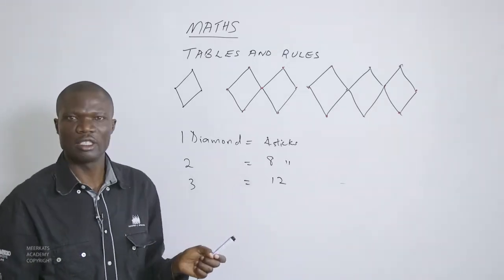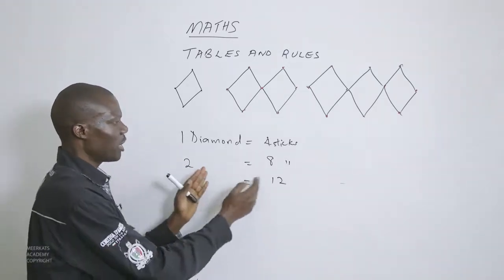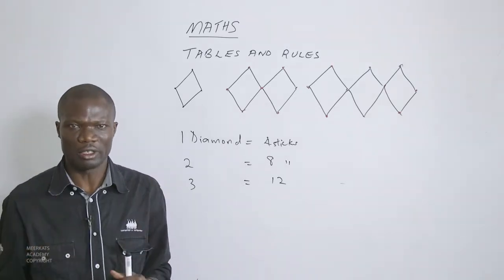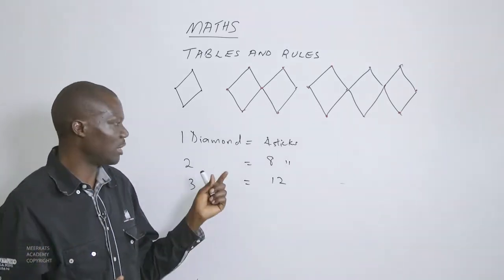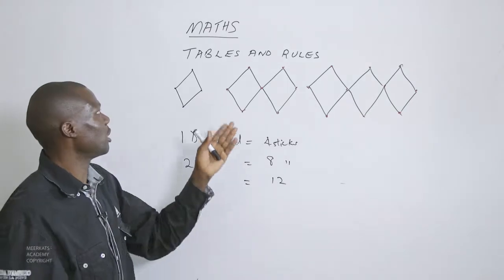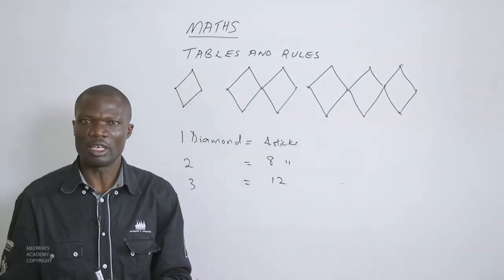This is just to show that the information we have here can be tabulated, and when we tabulate this information, we shall be generating what we call tables and rules.